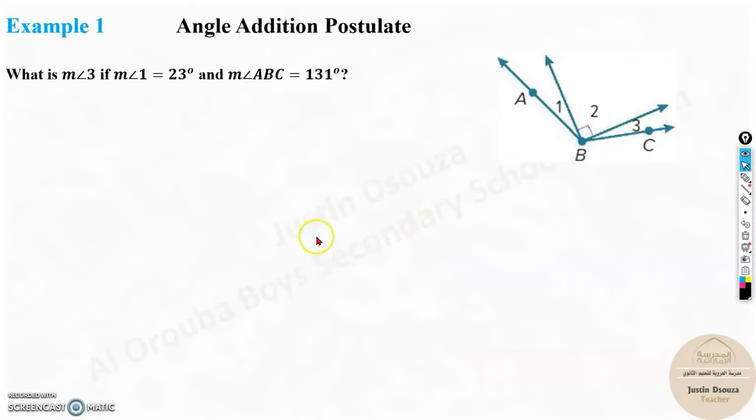And now we will look into a problem on the angle addition postulate. Here we need to find the measure of angle 3, this angle in the figure. The measure of angle 1 is 23 degrees, and the total angle ABC is given as 131.